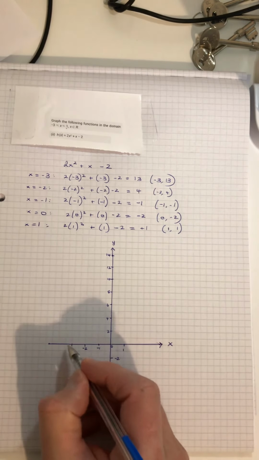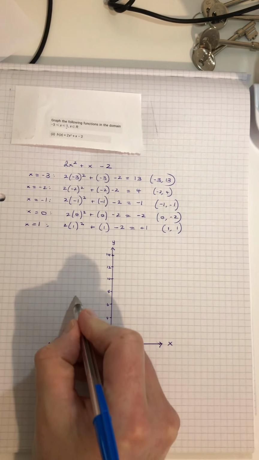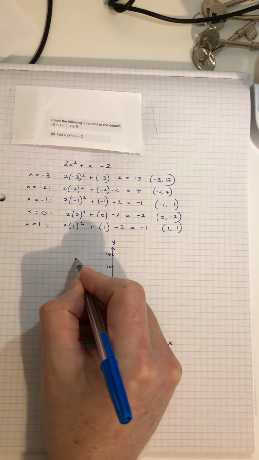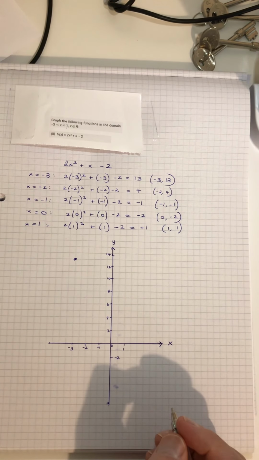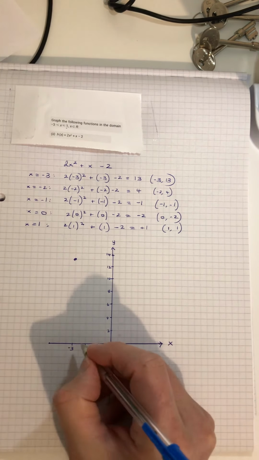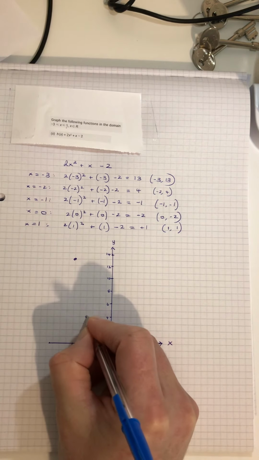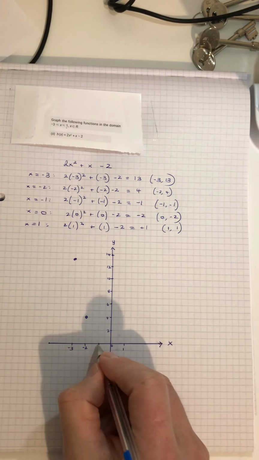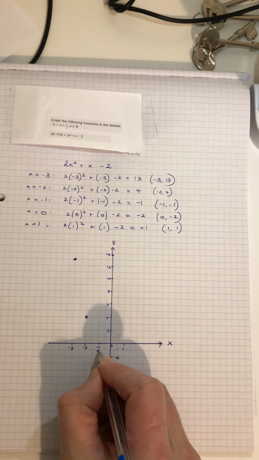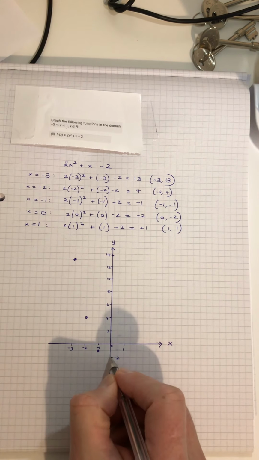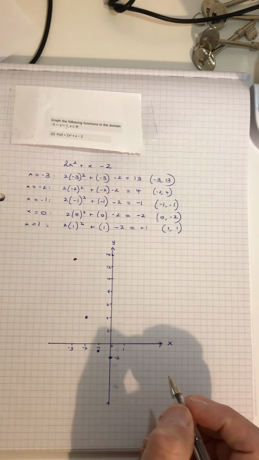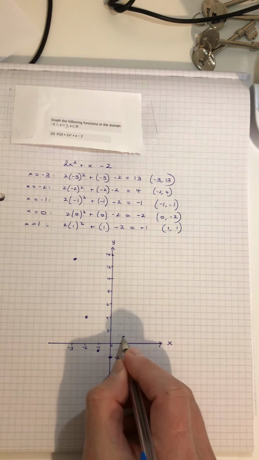So -3 goes up as far as 13. And put your dot. -2 up to 4. -1 down to -1. 0 to -2. And 1 up to 1.